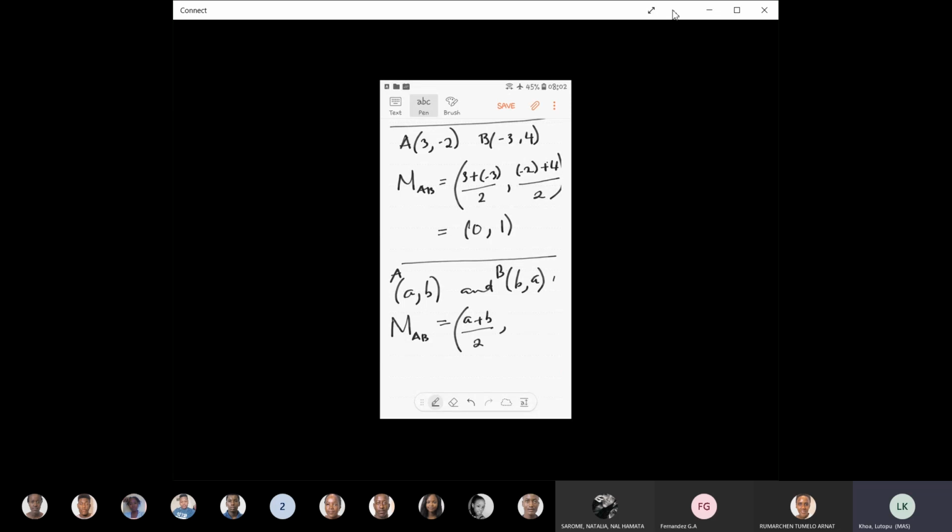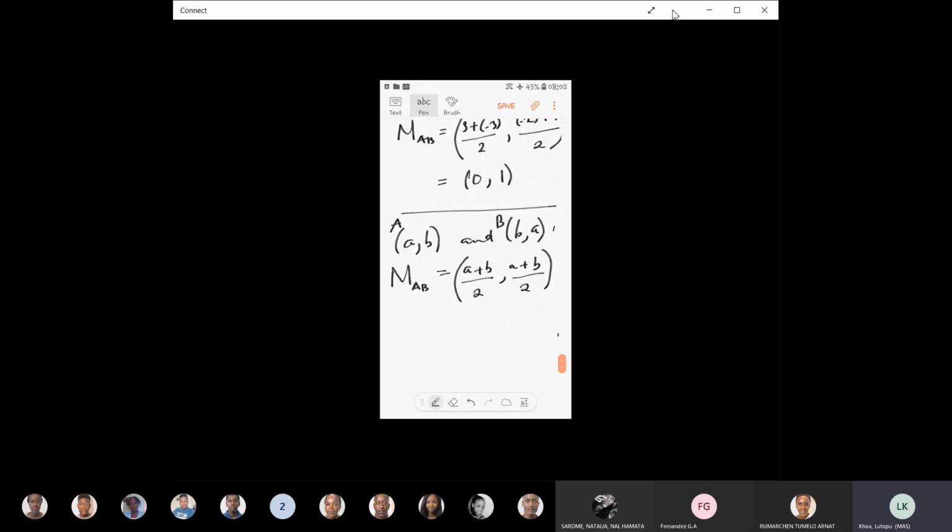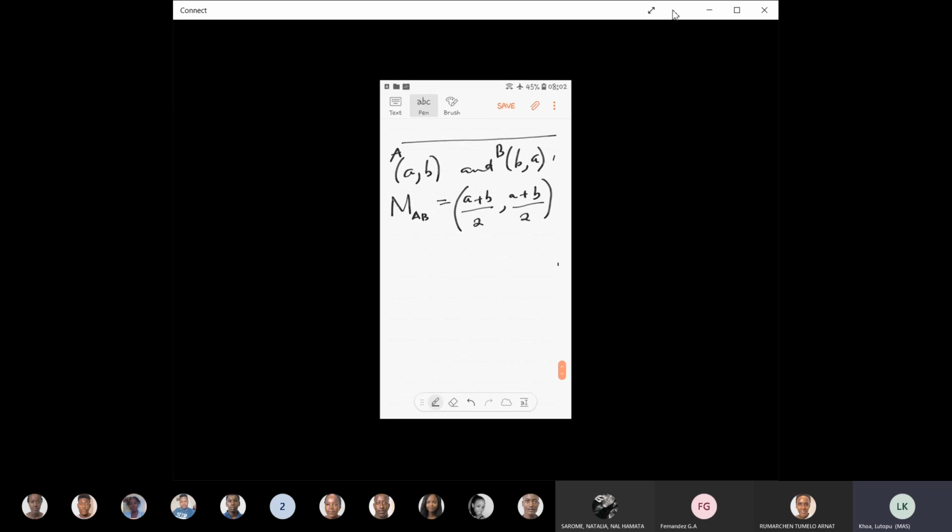And then here I will have B plus A, but I think A plus B looks better, divided by 2. So you can write B plus A, but B plus A and A plus B is the same thing. So it doesn't actually matter.